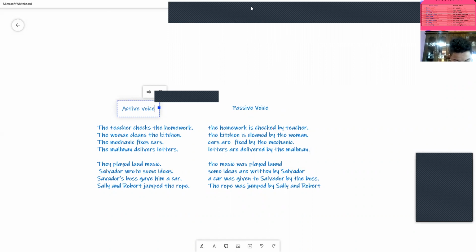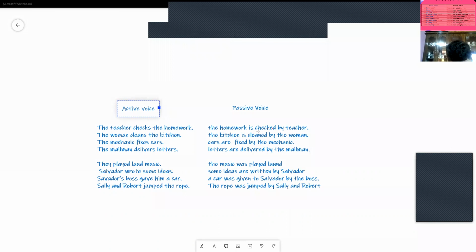Okay. Now, let me make or highlight the information so that you really understand what is the passive verb. So it's cleaned, is checked. Then we have are fixed. Then we have in past was played.